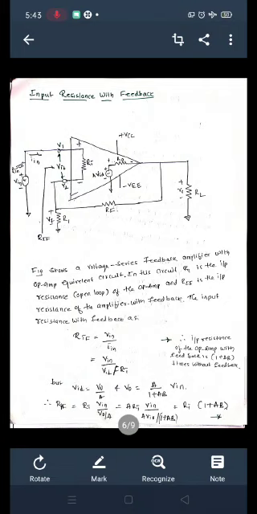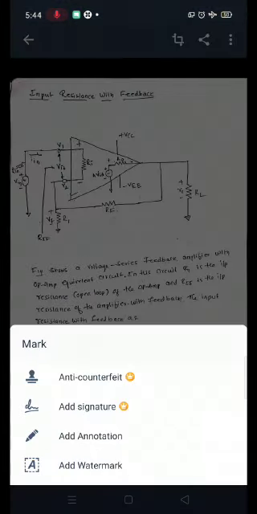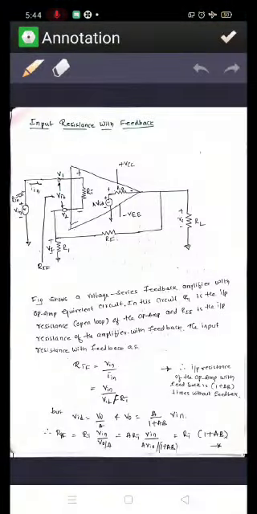Here we consider the same figure where the feedback circuit is there and we have connected a load, with the differential voltage V1 and V2, and the input voltage Vin applied to our circuit. This figure shows the voltage series feedback amplifier with the op-amp equivalent circuit.